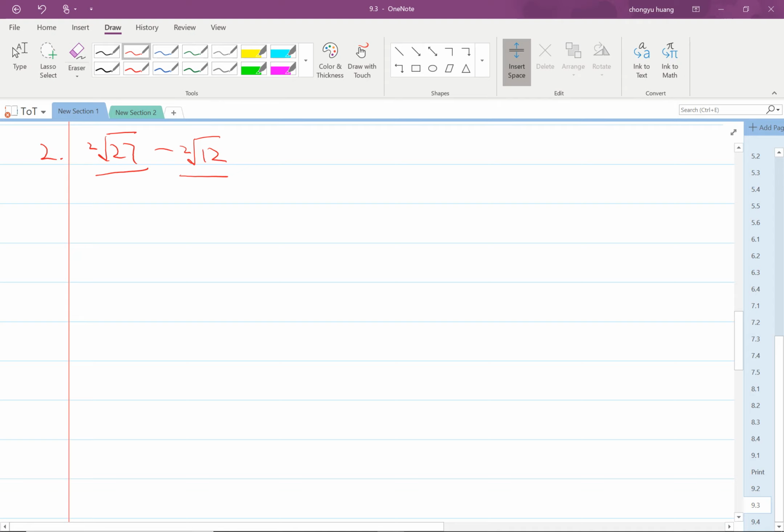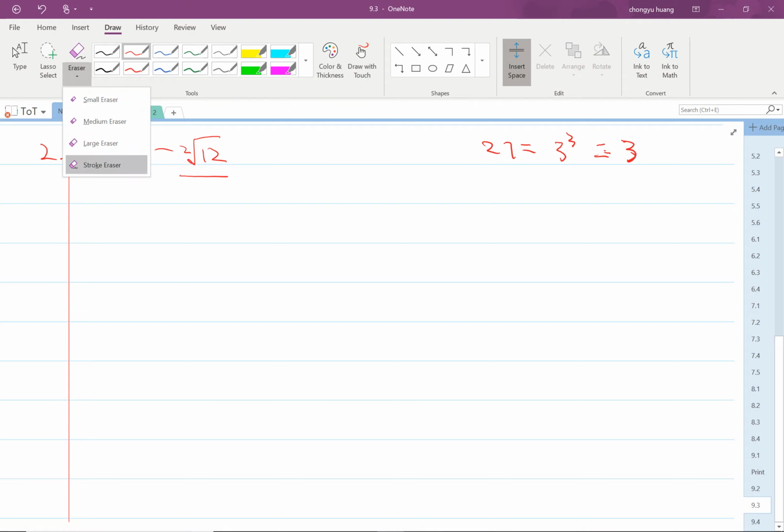Let me take a look. As everyone knows, 27 is equal to 3 to the power 3. We can write 3 to the power 3 as 3 to the power 2 multiplied by another 3, right?